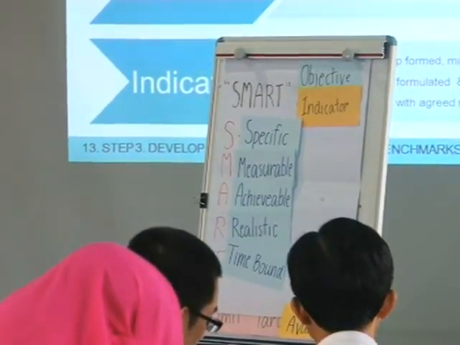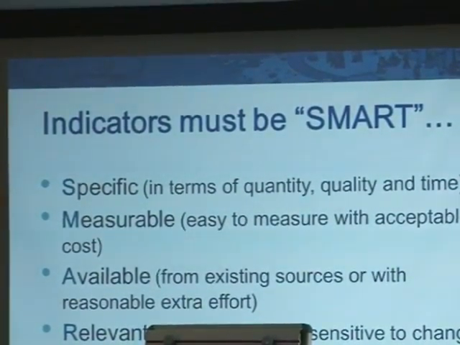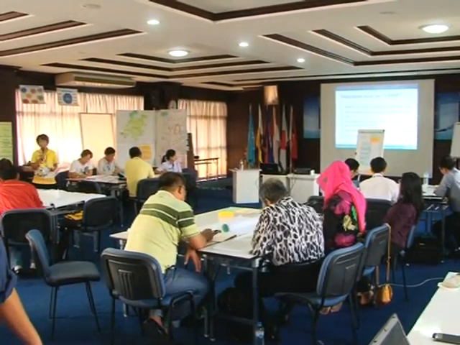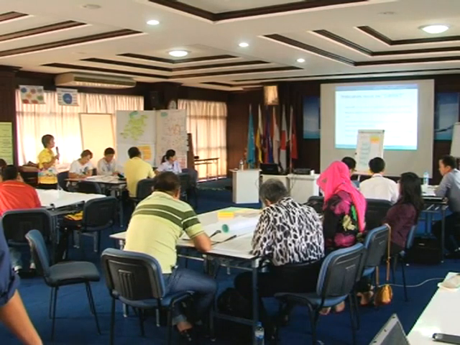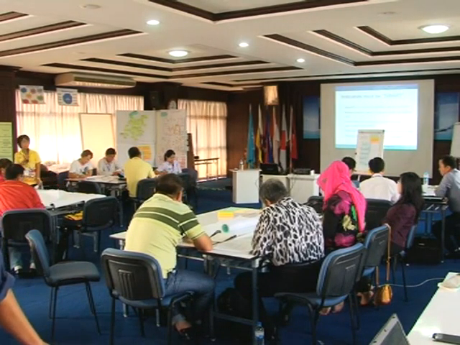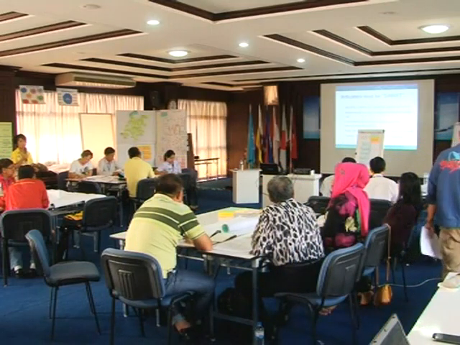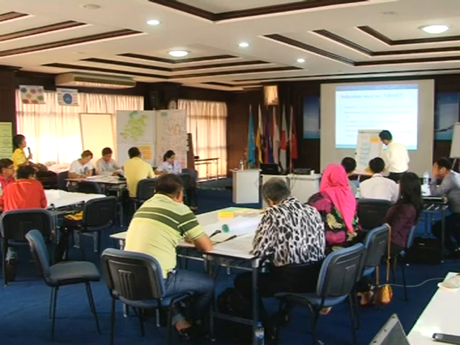How about the indicator? S here stands the same as for the objective. S here is specific in terms of quantity, quality, and time. And your indicator should be measurable. This is the same as the SMART objective.